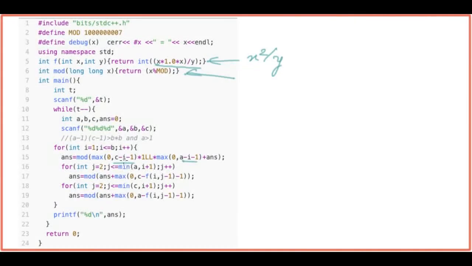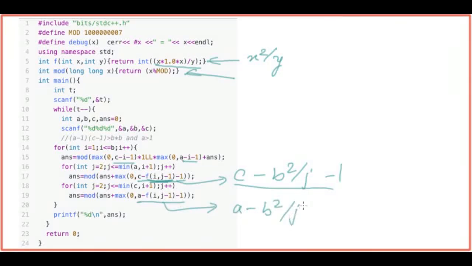Then from j equal to 2, we are fixing a value and finding the c value, that is c minus b square by j minus 1. Similarly we are doing it with a minus b square by j minus 1, and then we are just printing the answer.